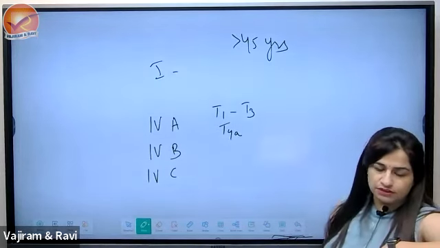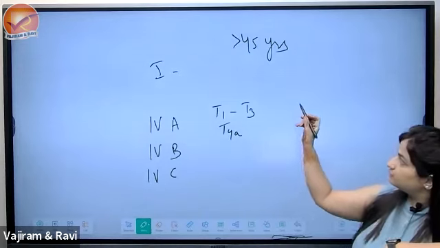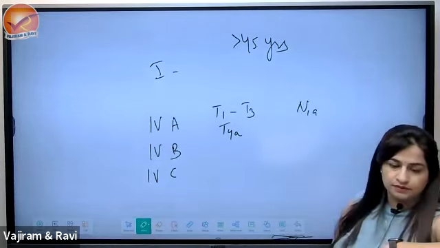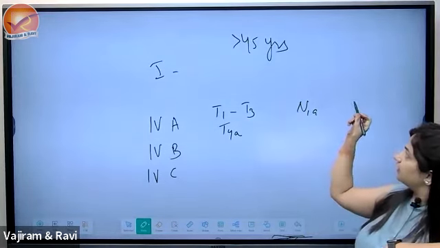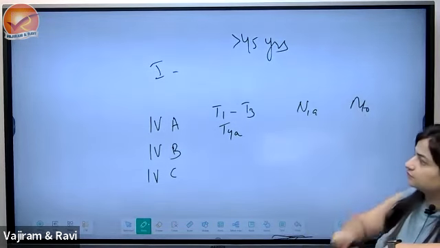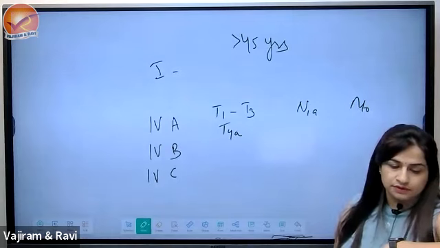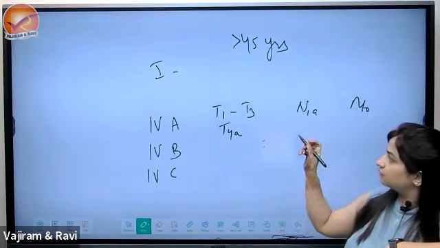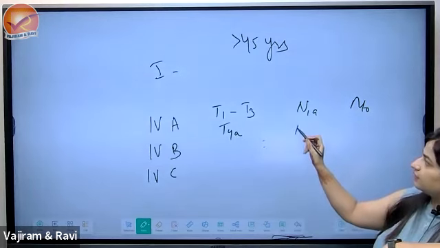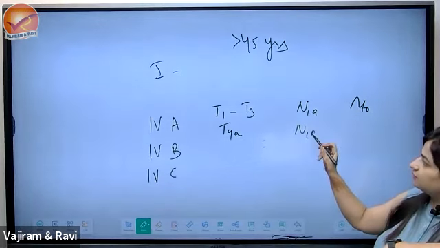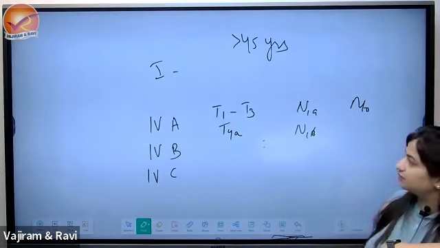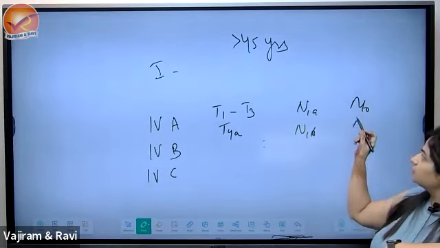In T1 to T3 plus up to N1A and M0. Here there is T4A and N1B. Up to N1A it is here, then it changes here, and it is M0.